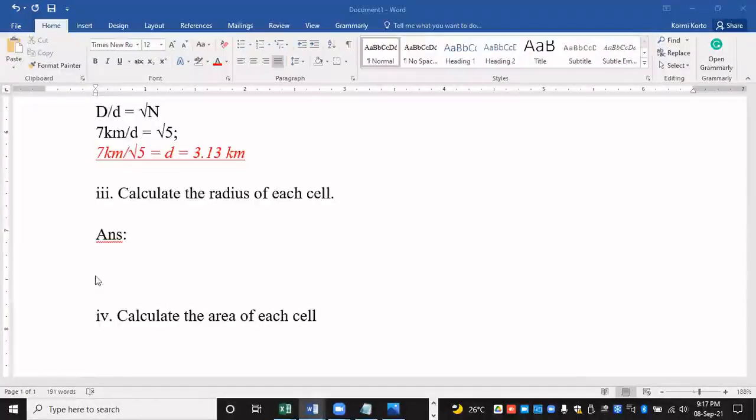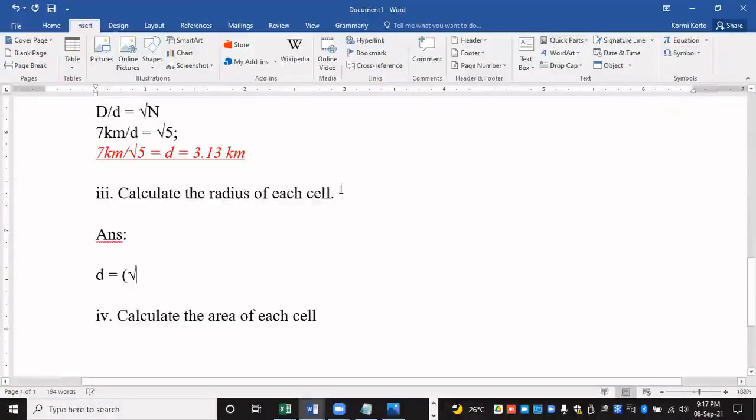Since we're using a hexagon, the formula is the distance between adjacent cells, d, equals the square root of 3 times the radius, r.